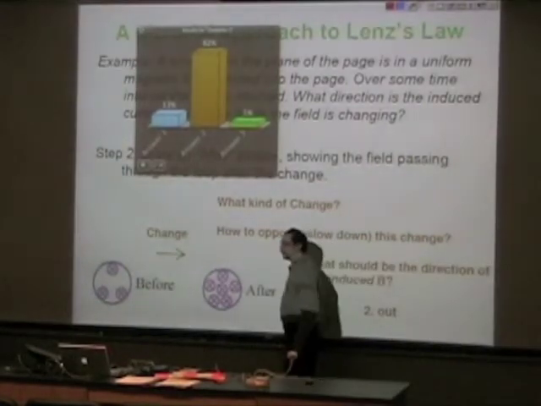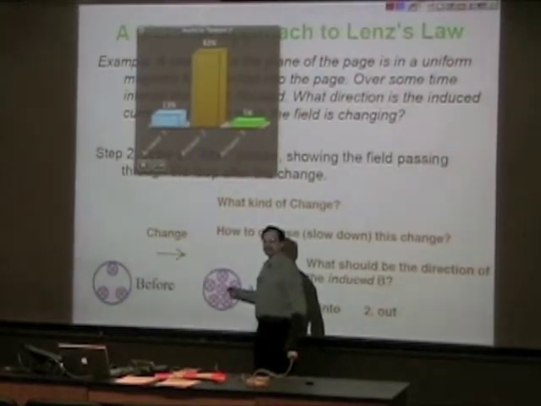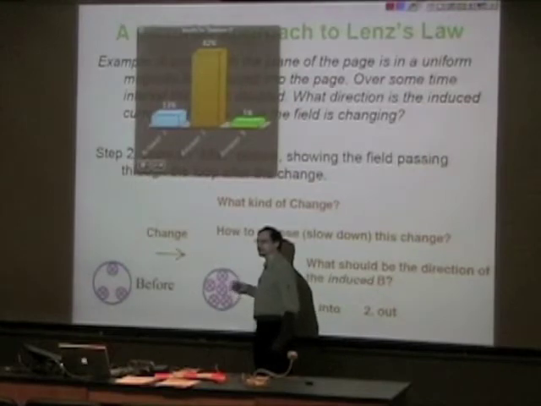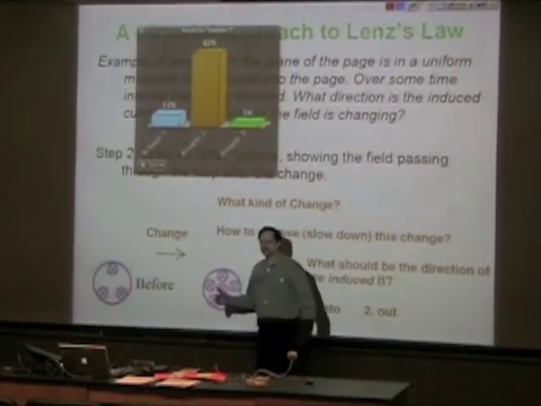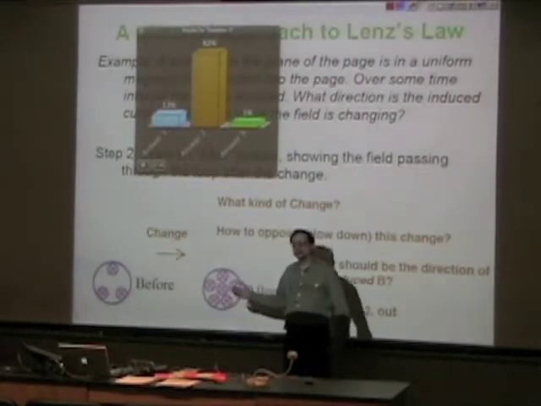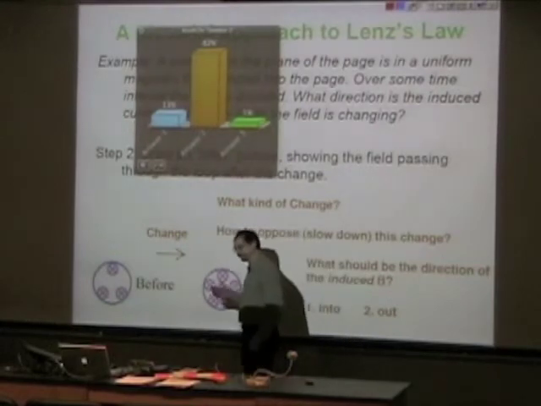The induced magnetic field doesn't want so many magnetic field lines generated by the magnet traveling through the loop. So the induced magnetic field has a direction opposite to the external magnetic field. In this situation, we sometimes say to oppose the change, the induced field opposes the external field.